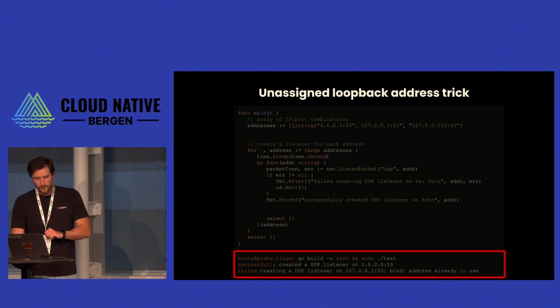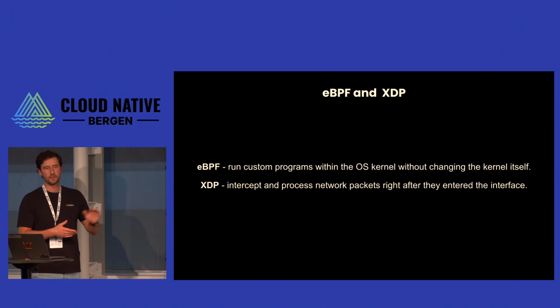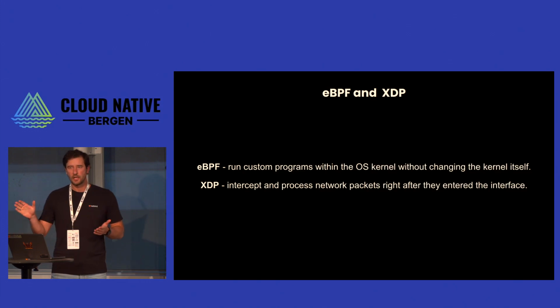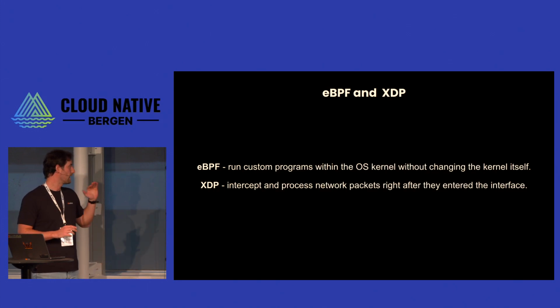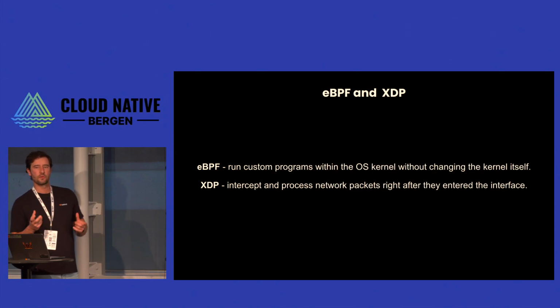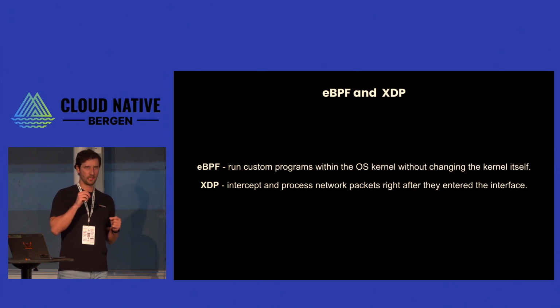So we started looking for a solution, and we found XDP, because we already knew eBPF. We use it for some other purposes, and if you are not familiar with these technologies, these are really great tools. And eBPF is something that allows you to run custom programs that you write yourself within the kernel of the operating system in a safe way.